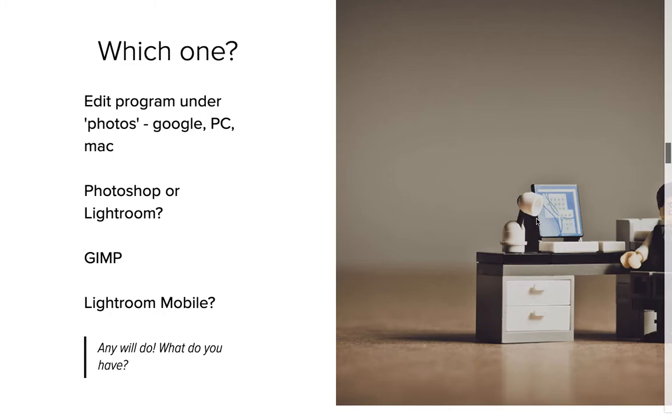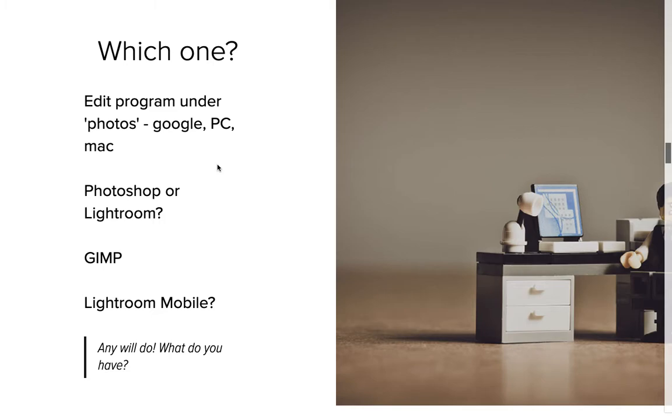So there's all kinds of different editing programs that you could use. I don't know what you have in particular, whether you're a student of mine or not, but there are lots of different kinds. The one thing that you can do is look on your computer.